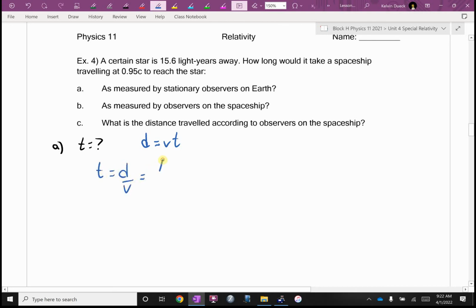What's d? 15.6 light years. What's v? 0.95 c. Do you see? And notice the only units left behind are years. I am getting time as an answer, which tells me I probably set this up right.